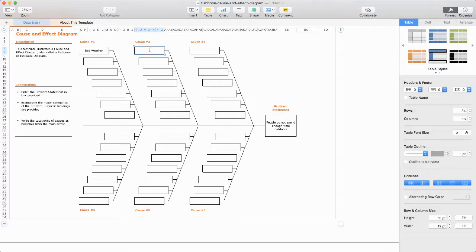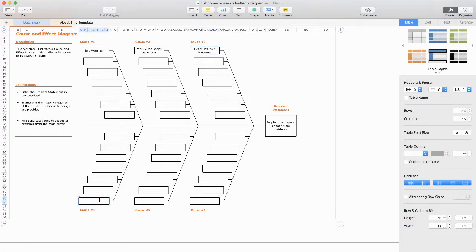Another cause could be that our work prevents us from it. People with a 9-to-5 job work indoors, so work or job keeps us indoors. Cause three could be health issues and problems, which could be why people don't spend enough time outdoors.